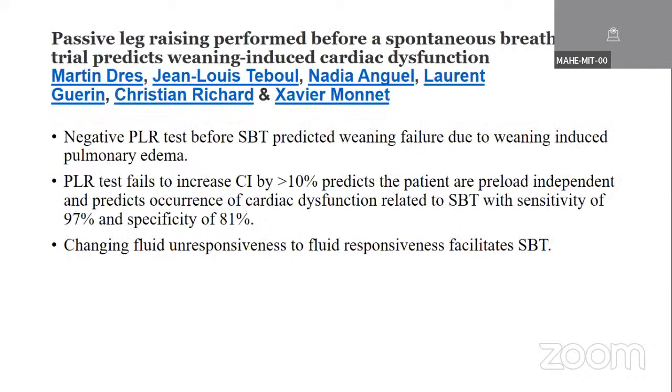So next, if the patient has a negative PLR test before doing a spontaneous breathing trial, it is a predictor of weaning failure, and the patient has high chances of developing pulmonary edema. It has a good sensitivity of 97% and specificity of 81%.